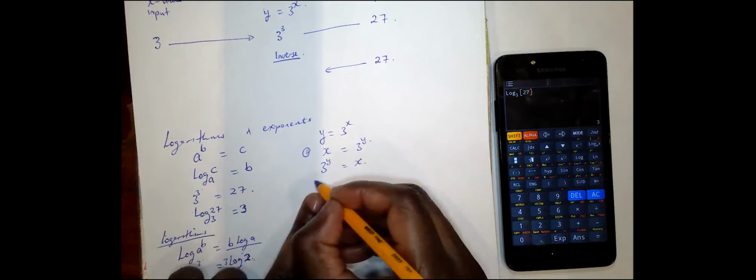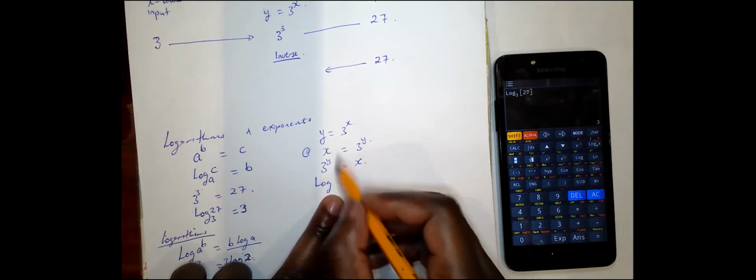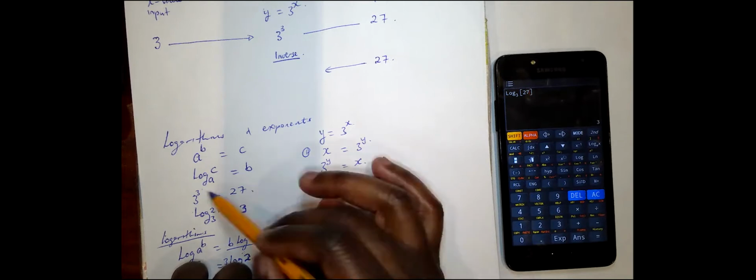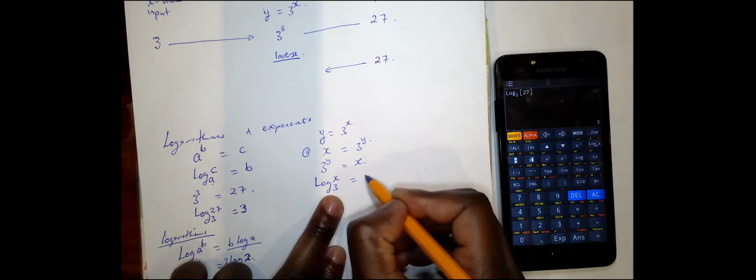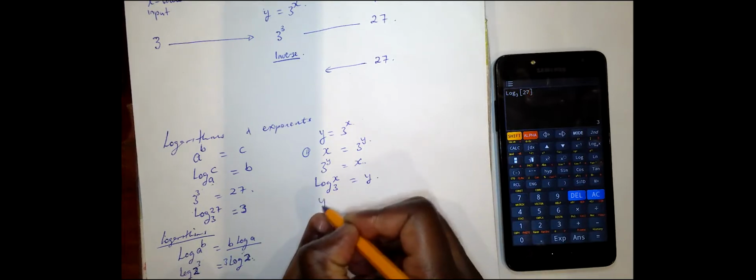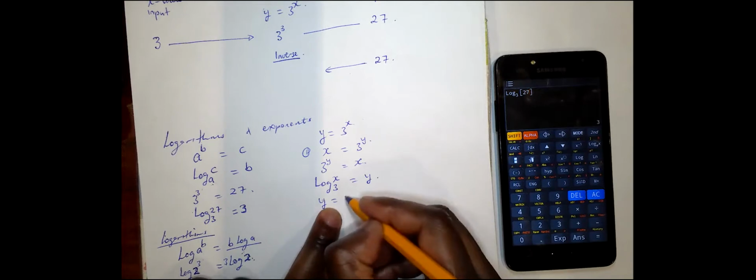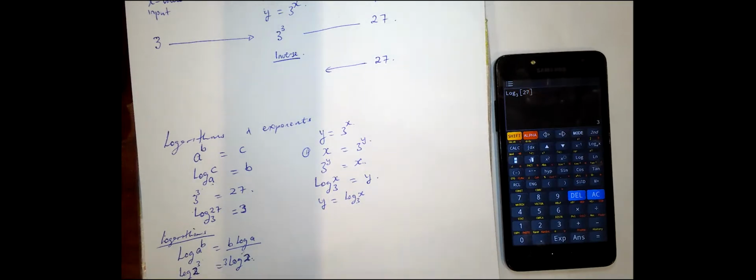It's going to be log, base what? Base 3, same base, remember? And x is going to give us y. So our y is basically equal to log 3 x.